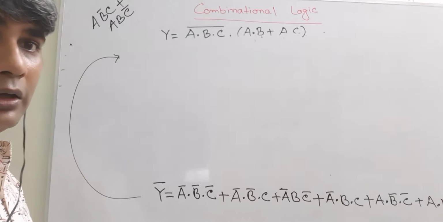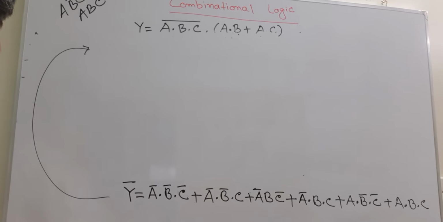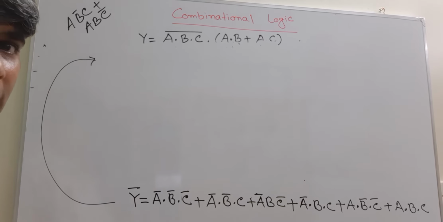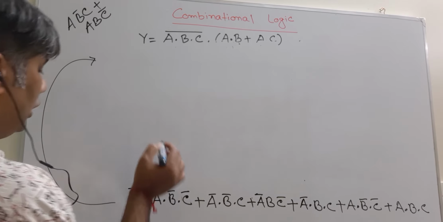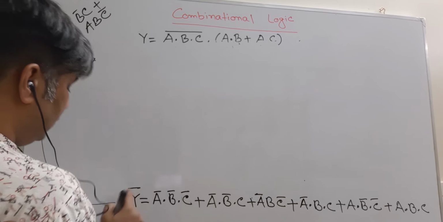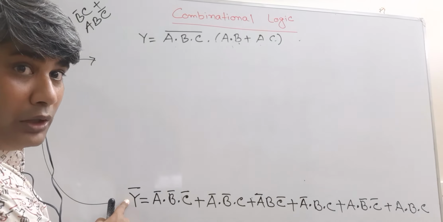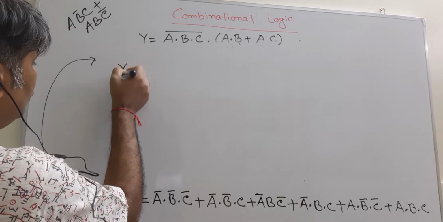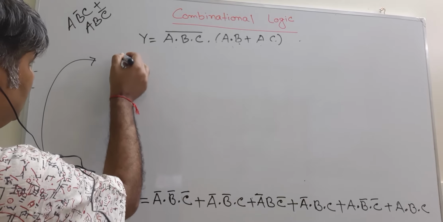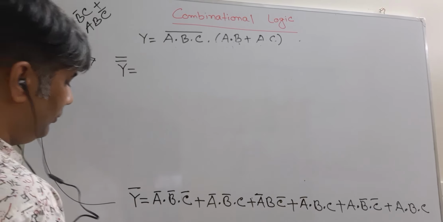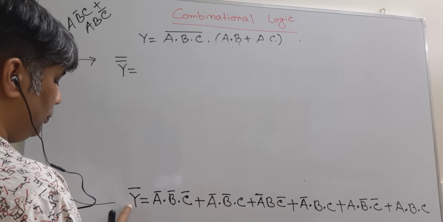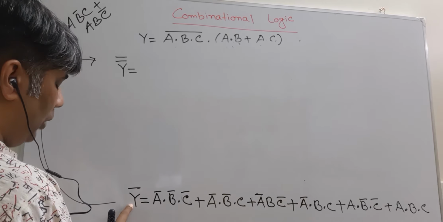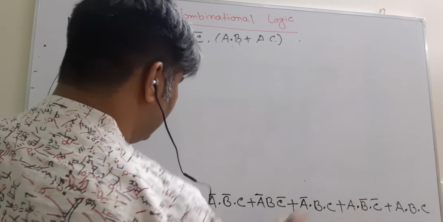So how can we find y? To find y, we need to double prime this one. When you put a double prime over y, you need to put a prime over this expression as well.